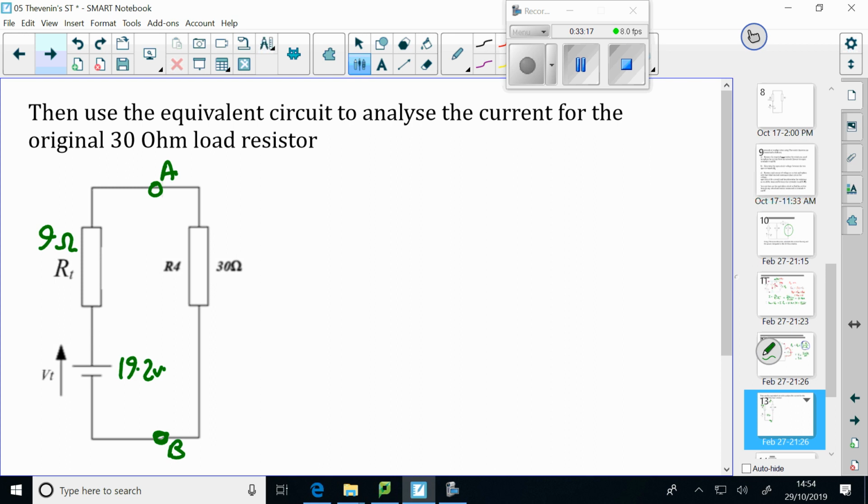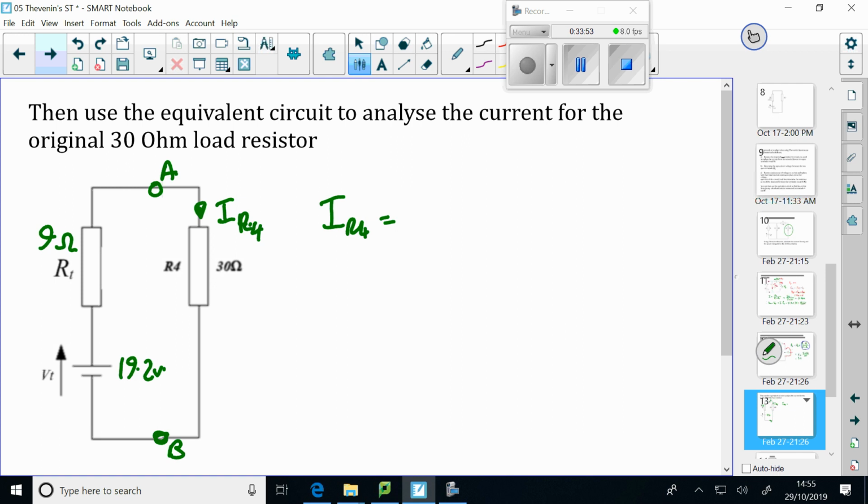Here are our terminals A and B from the original circuit, and we put our load resistor back in, and we can calculate the current IR4. We're interested in that current, IR4. Well, that's Ohm's law, isn't it?